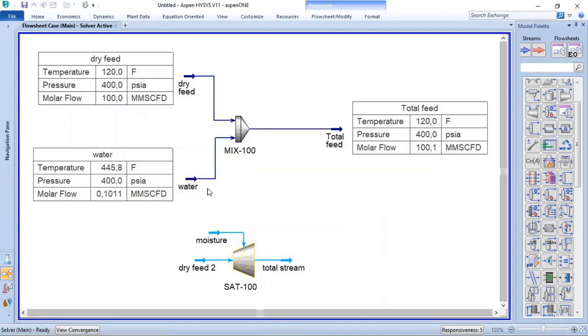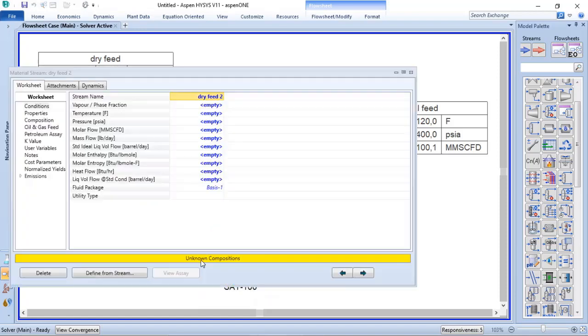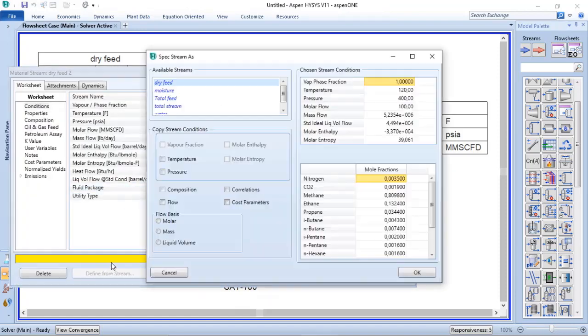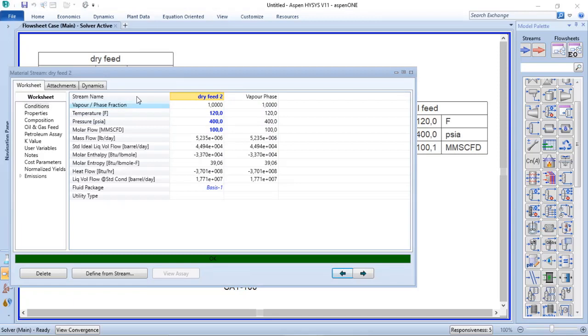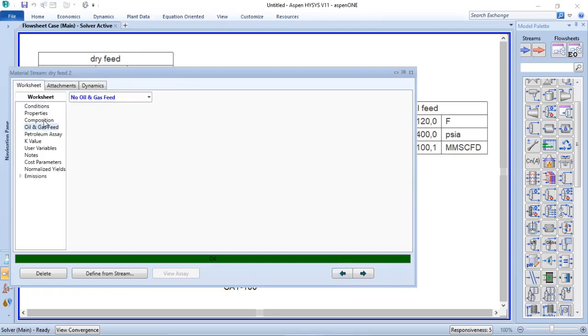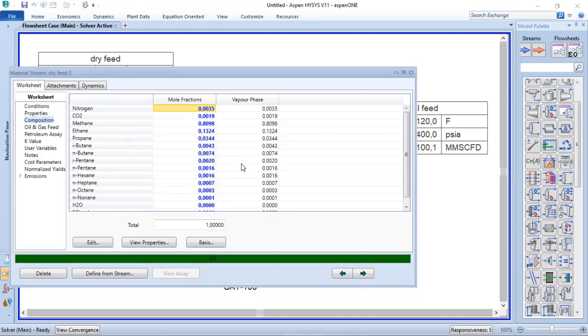What I will do now is define the dry feed stream based on the existing dry feed. So it has the same process conditions and the same composition.